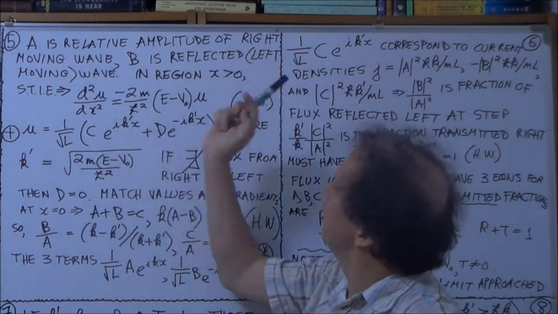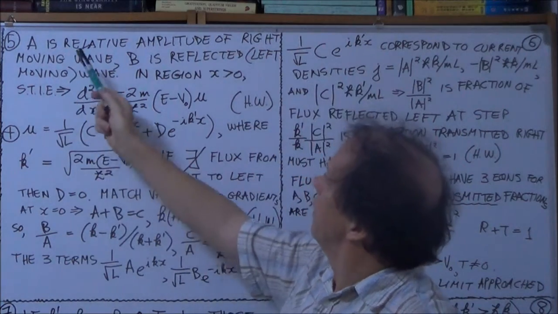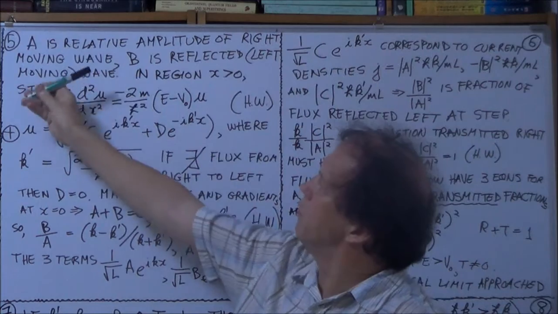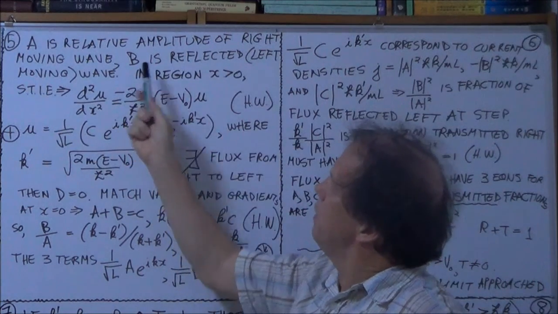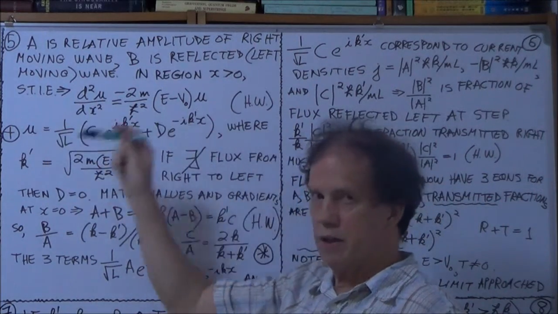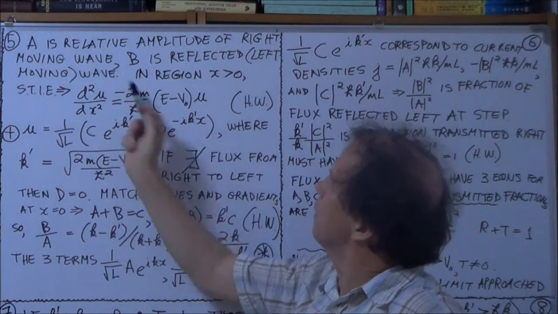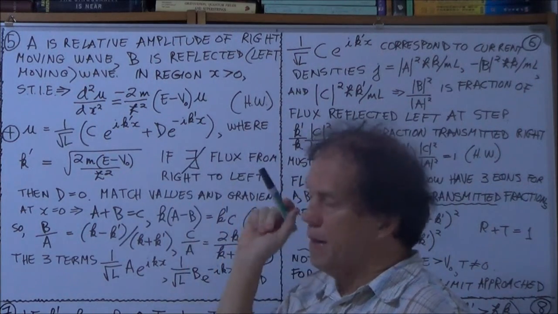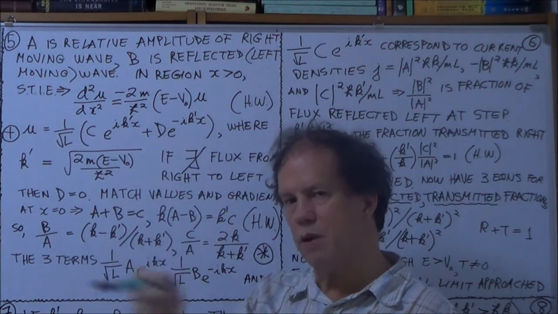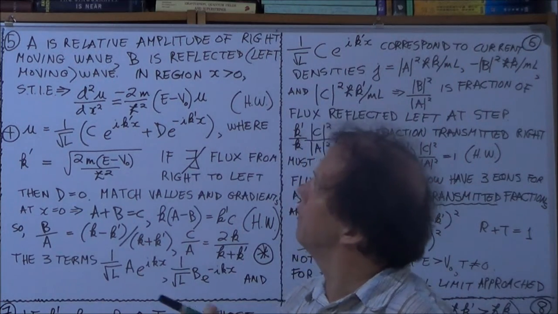So this a and the b, from the previous session, just look on a as an amplitude of the wave moving to the right, and b might be a reflected wave moving to the left. So it'd be like a left moving wave. And that's on the left, that means the region in one-dimensional space where x is negative, less than 0.